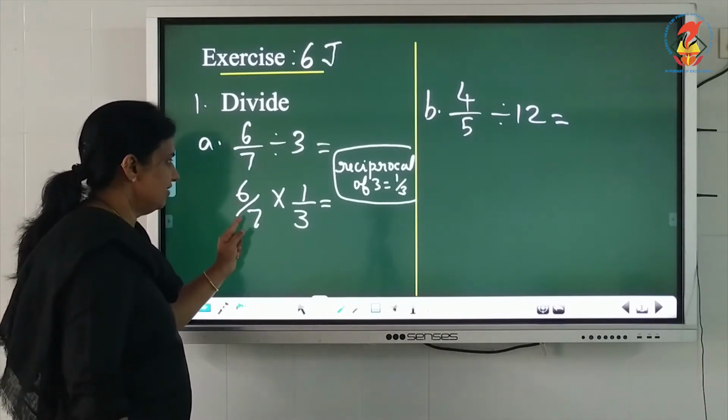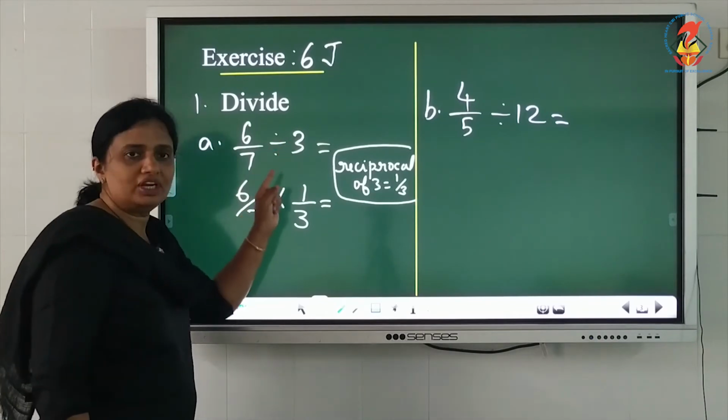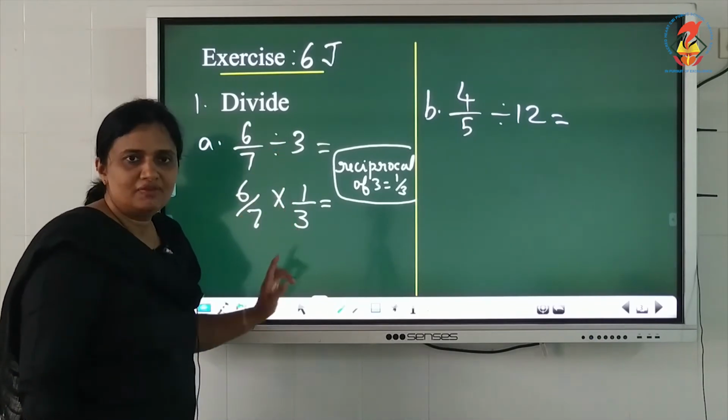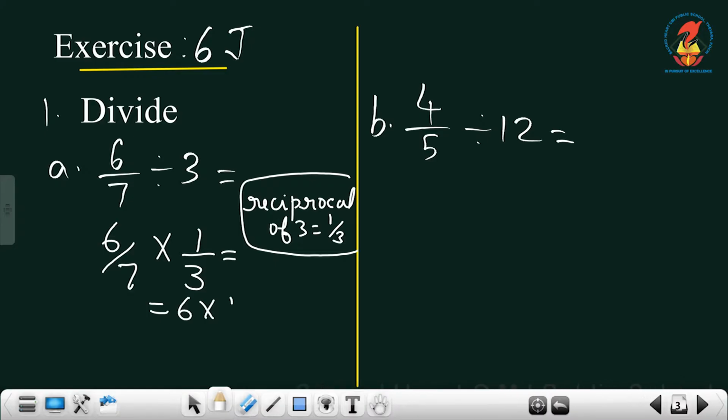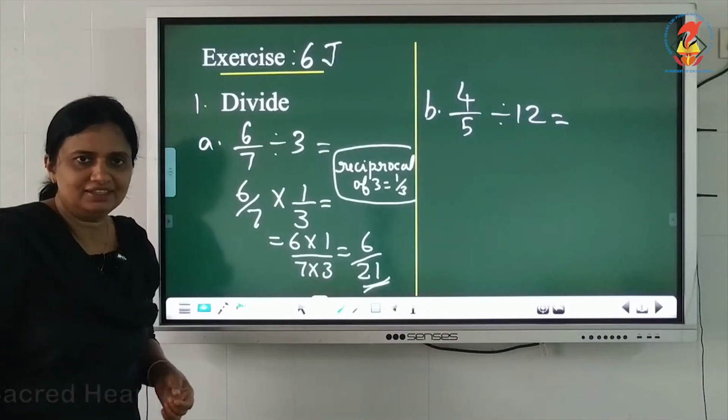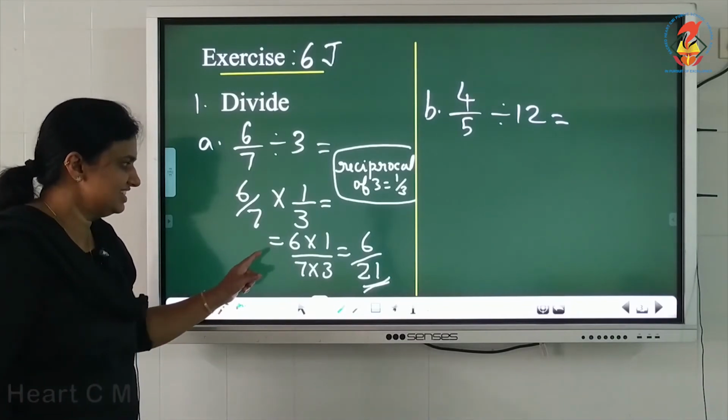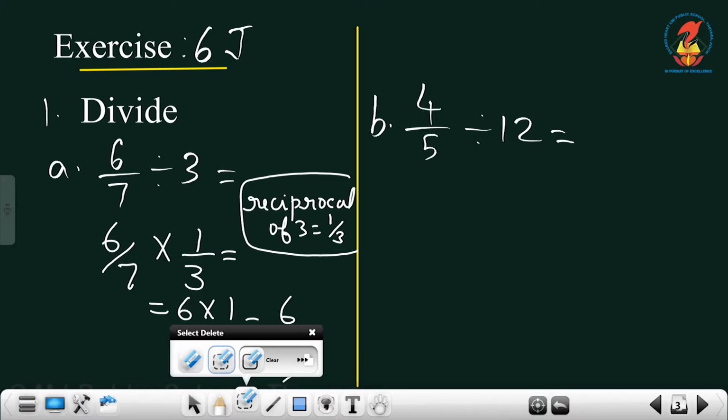And 6 by 7 into the reciprocal of the divisor is what? 1 by 3. And you need to multiply the numerator 6 into 1, and the denominator is 7 into 3. Answer is what? 6 by 21. Is it clear? And 6 by 21, you need to do one thing.